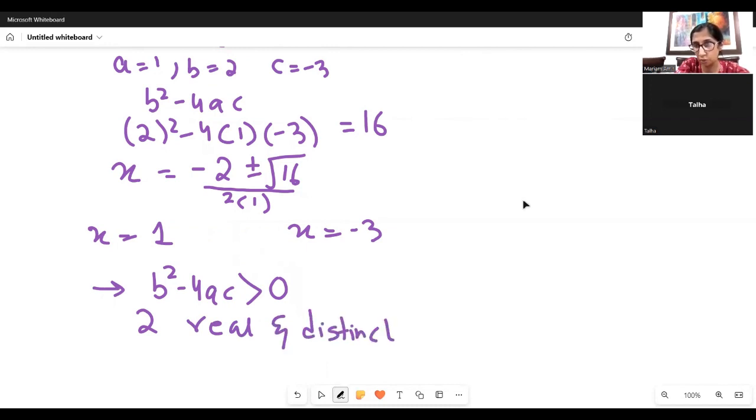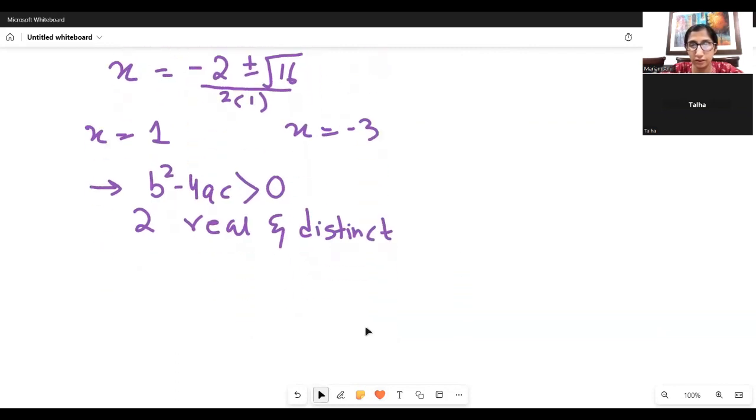Distinct means both roots have different values. One is 1 and the other is minus 3. Real means that we did not get a math error when finding it in the calculator. So when the discriminant is greater than 0, we get two distinct roots.